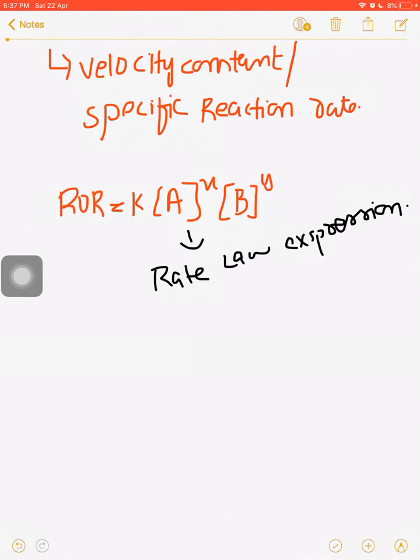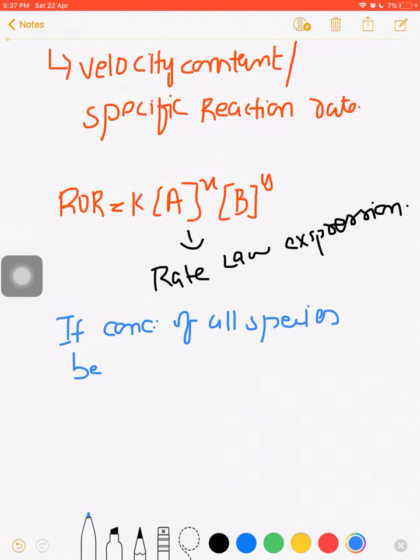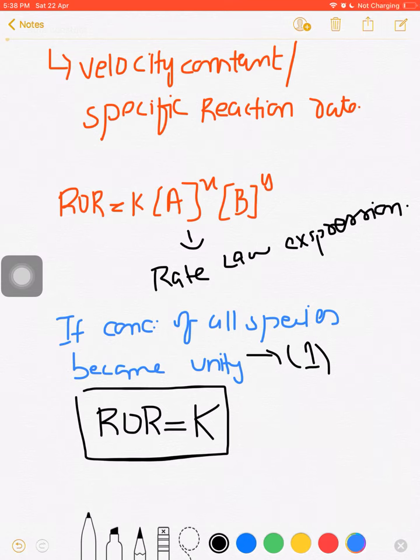Consider that if the concentration of all species becomes unity, and unity means basically 1, then the rate of reaction is equal to the constant k, which is the rate constant. So the rate of reaction is equal to the rate constant, or velocity constant, or specific reaction rate, when the concentration of all the species is unity, right?